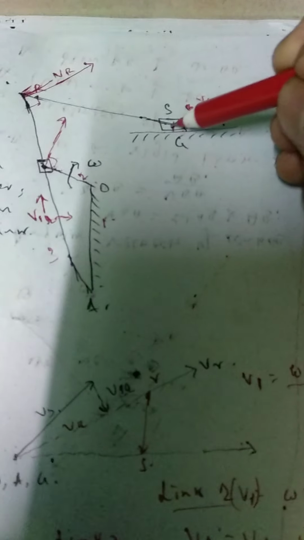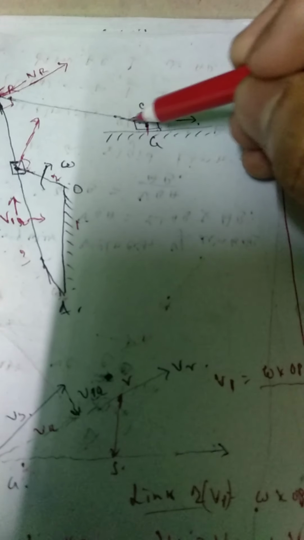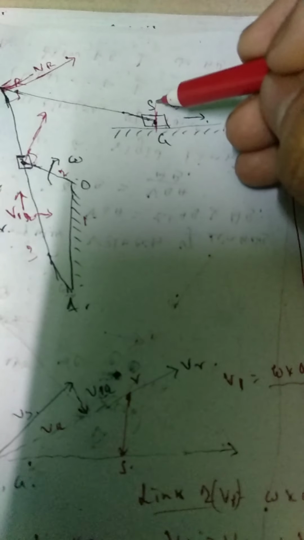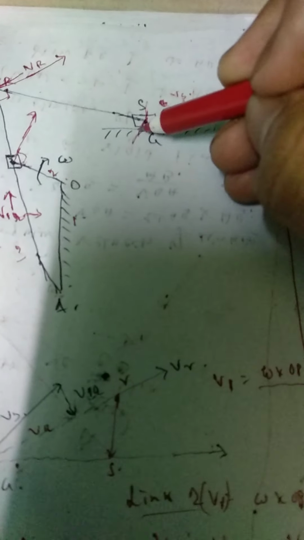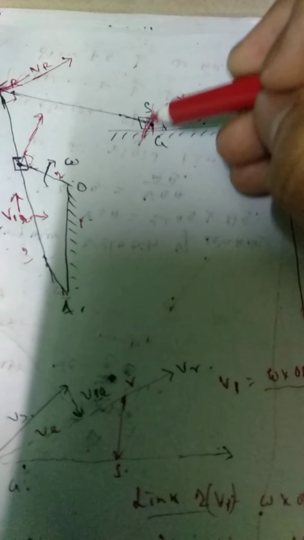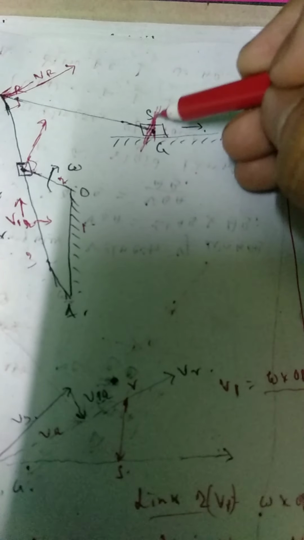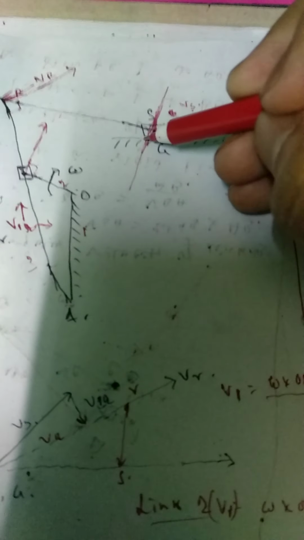The direction of this velocity will be perpendicular to this link Rs, so it will be along this direction, perpendicular to Rs.